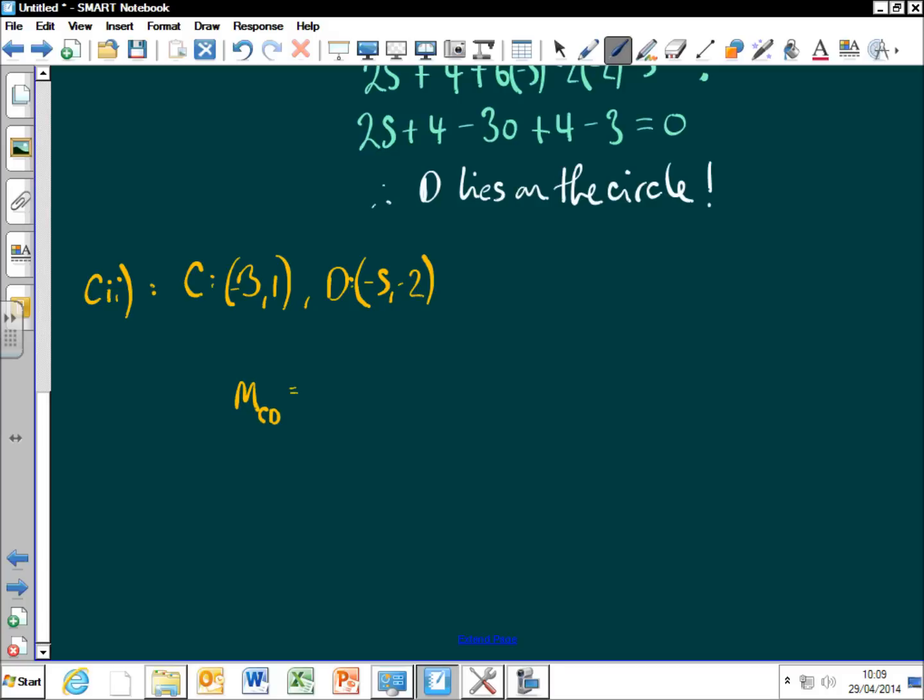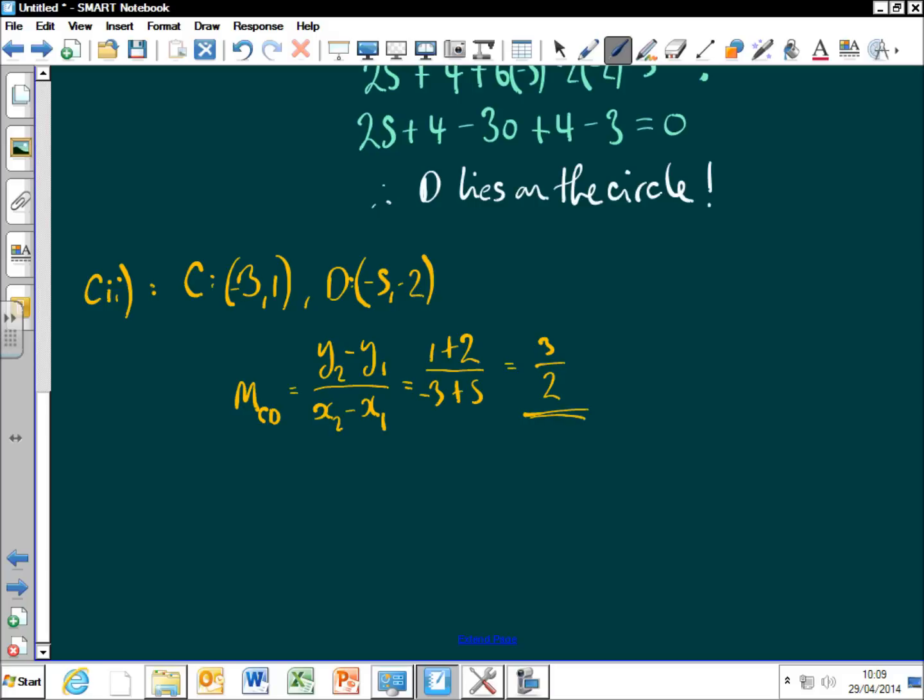So it's going to be y2 minus y1 over x2 minus x1, and then this is going to be 1 take away -2, so it's 1 plus 2, and then the difference in the x's, it's going to be -3 take away -5, so it's +5, so this is 3 over 2. Okay, so the gradient is 3 over 2.